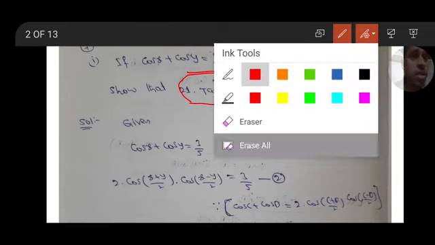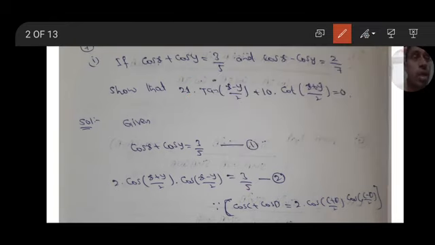So first listen carefully. First I am given the equation cos x plus cos y equal to 3 by 5. So LHS, cos x plus cos y, is of the form cos c plus cos d. What is the formula? 2 into cos of (c plus d) by 2 into cos of (c minus d) by 2.